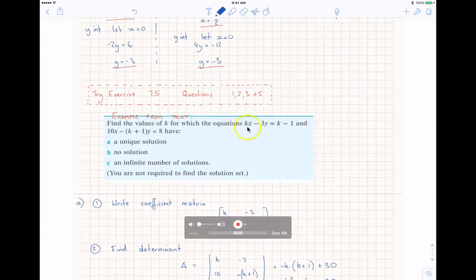We're just going to put minus 6 in for k in our first equation and in our second equation.